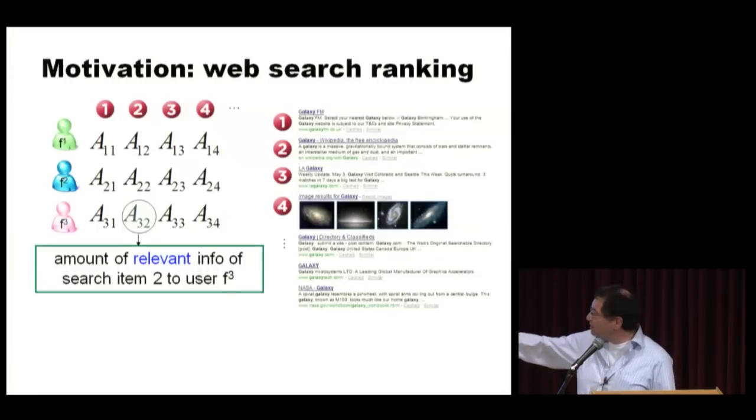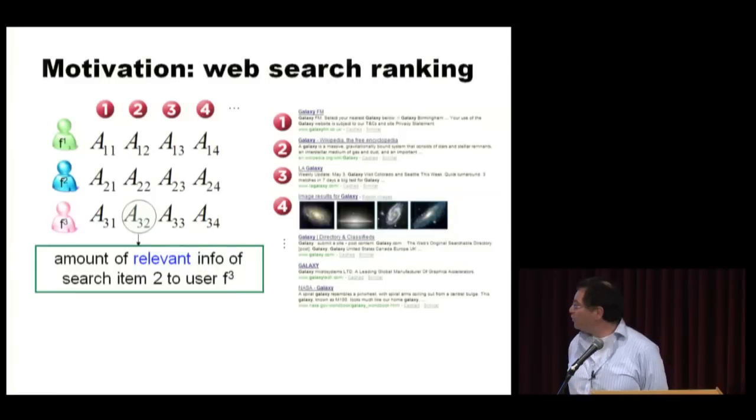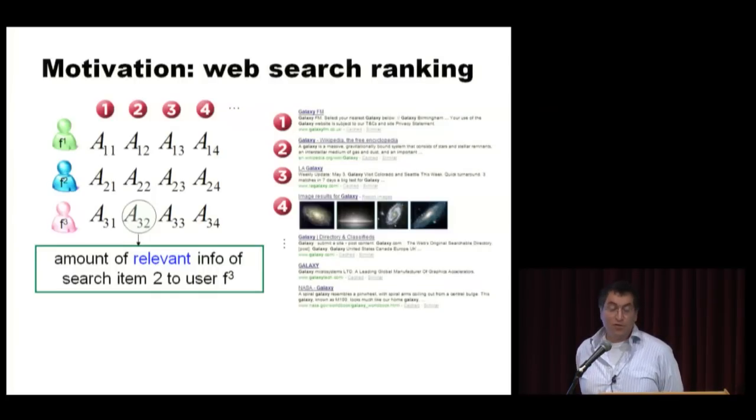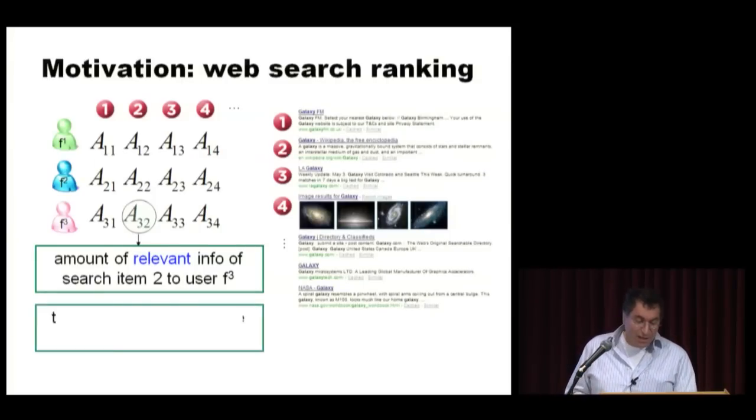For example, A32 tells me how much relevant information page 2 has for user 3. That could be an arbitrary matrix, because some users are looking for different things, and various pages have partial information for each one of them.